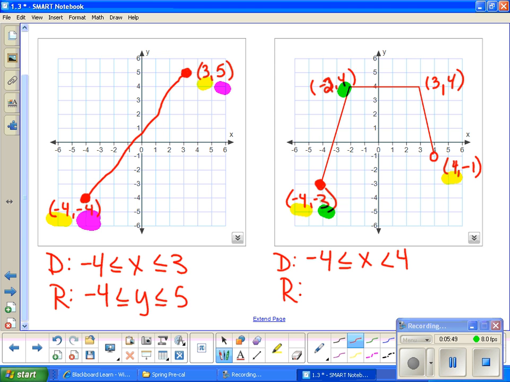So my lowest y goes from -3. Even though there's not a dot there, it continues this direction, so it's an implied solid circle. So if I'm looking at it vertically, my y's will range from -3 to 4.